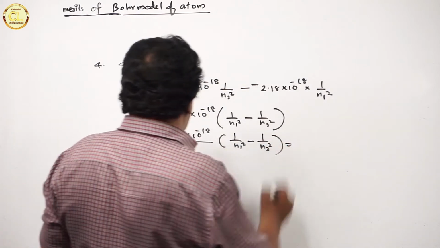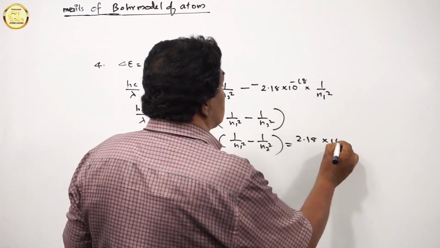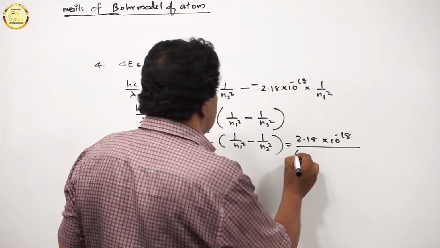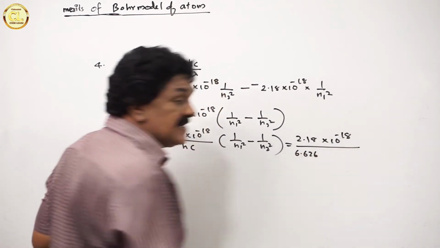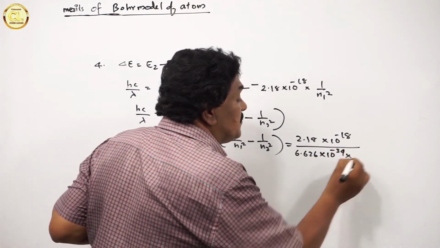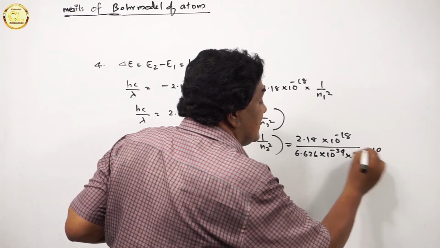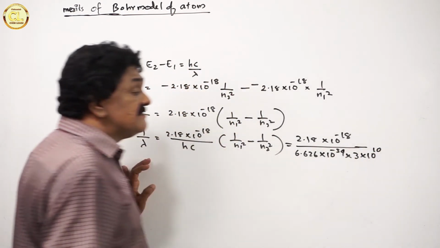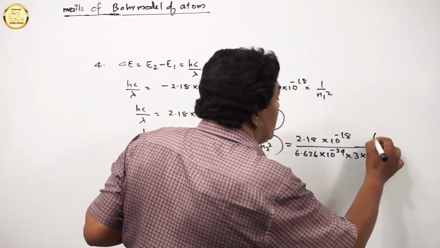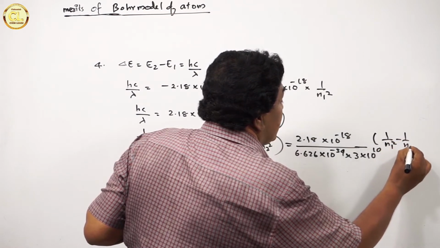Substituting the values of h and c here, that is 2.18 into 10 raised to minus 18 divided by 6.626 into 10 raised to minus 34 into 3 into 10 raised to 10. See, this is 3 into 10 raised to 10 centimeter per second, into 1 by n1 square minus 1 by n2 square.